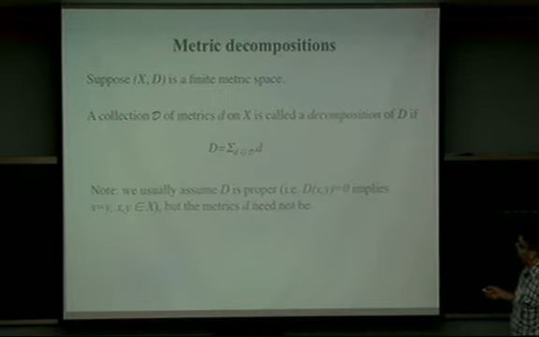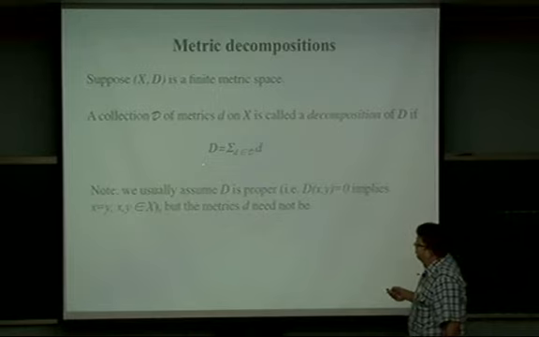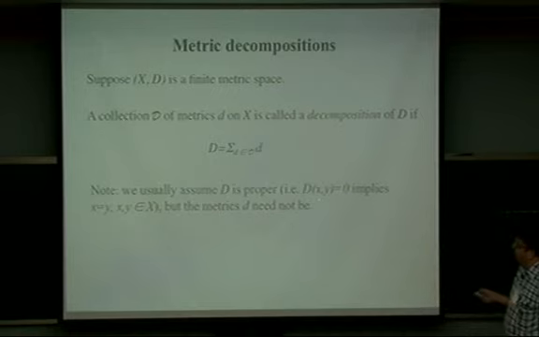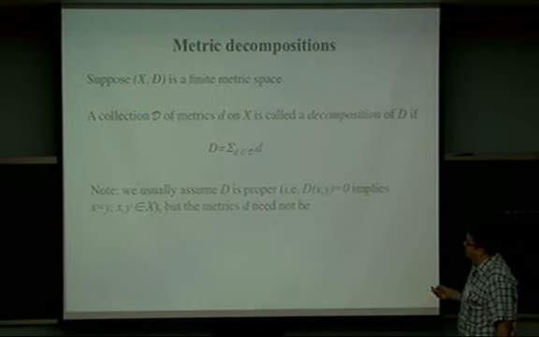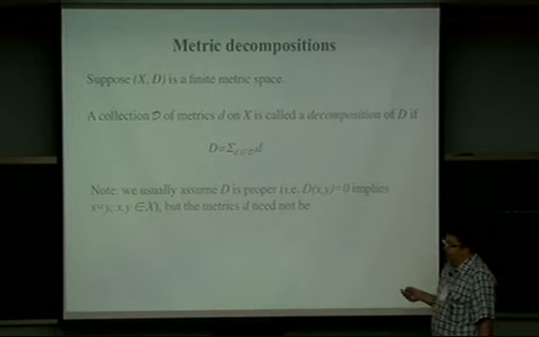So we want to decompose a complicated metric into metrics which are not so complicated. What we usually assume is that our capital D is a proper metric. That means that two points cannot have distance 0 if they are not the same. But in D, you may have the situation that two points have distance 0 even if they are not the same point.